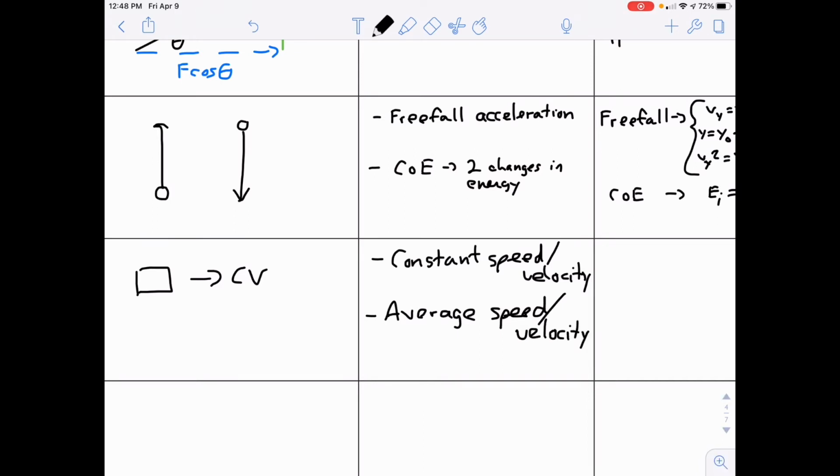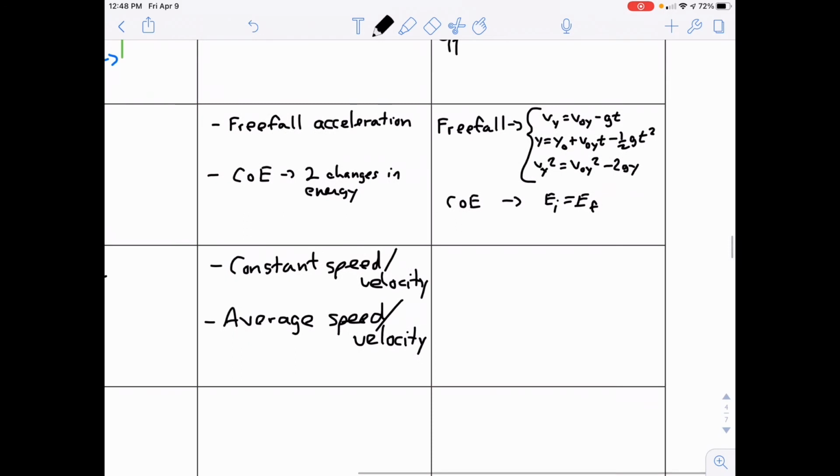Now, if it's an average or a constant speed, then it's as simple as speed equals distance over time. If we're talking about velocity, then we're talking about displacement over time.